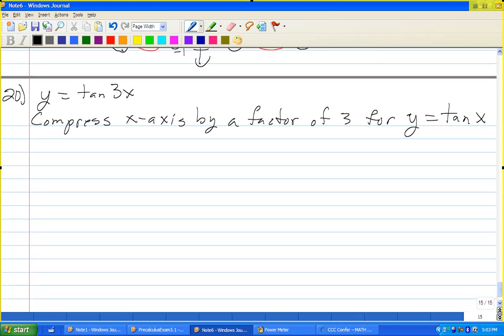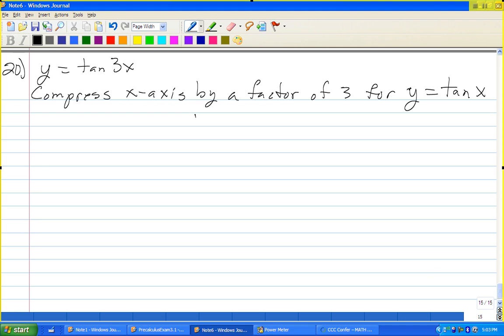Okay, so let's draw the tangent. Oops. And I don't think I'm going to go very far with tangent.